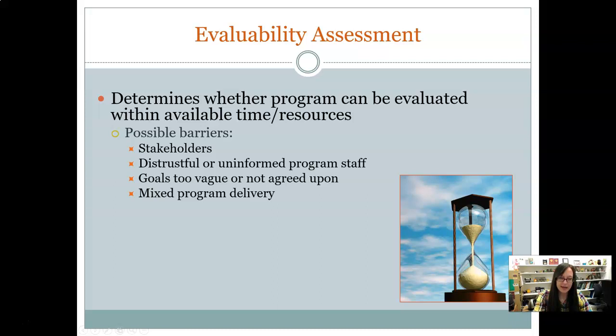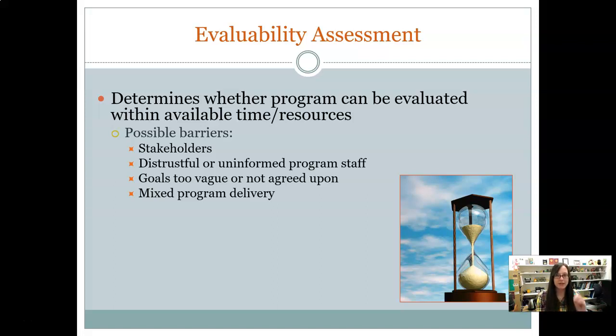Also, a lot of programs are mixed, and programs under evaluation are not always clearly distinct from other services, and they can't always be evaluated by themselves. That can be a barrier as well. Say we're talking about an inmate population, and the program has anger management, but also addresses alcoholism and drug use, and also practical things like learning how to get a job, all wrapped into one big program.